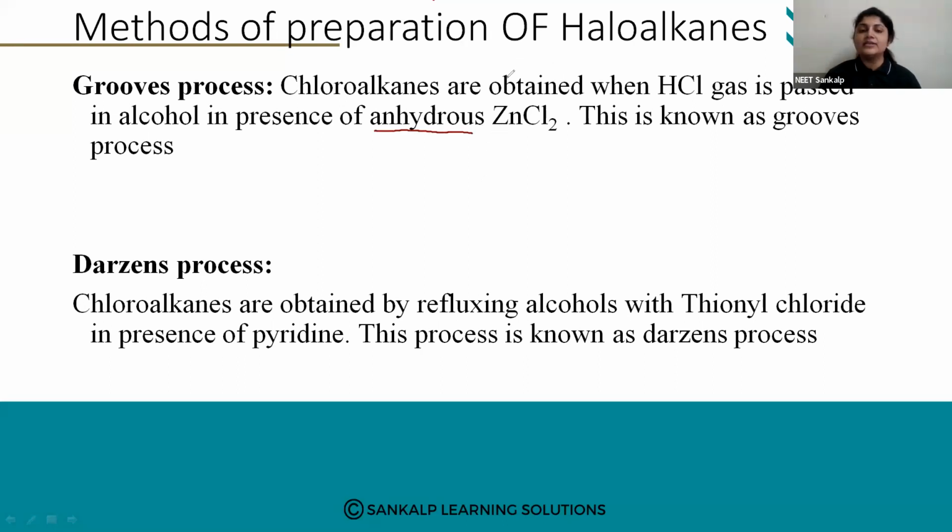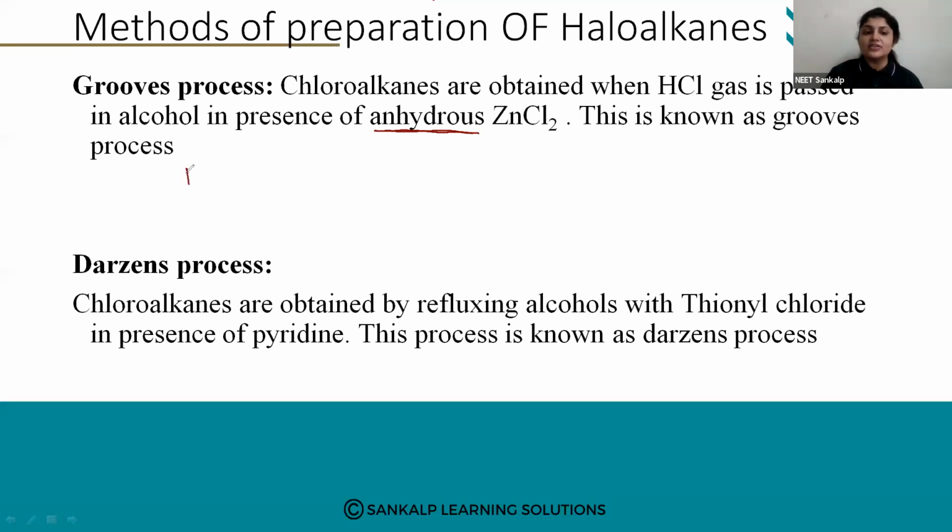Anhydrous means there is no water content in zinc chloride. So when you pass HCl gas in alcohol in the presence of anhydrous ZnCl2, chloroalkanes are obtained. This is known as Groove's process.